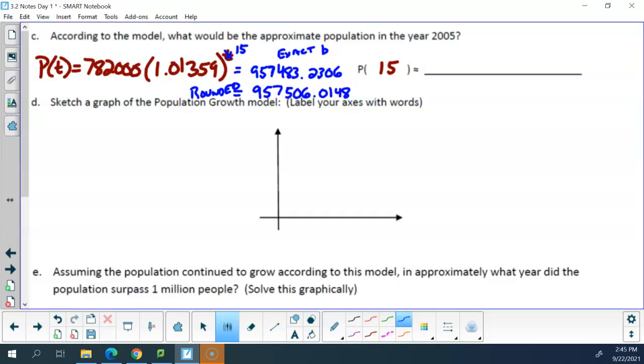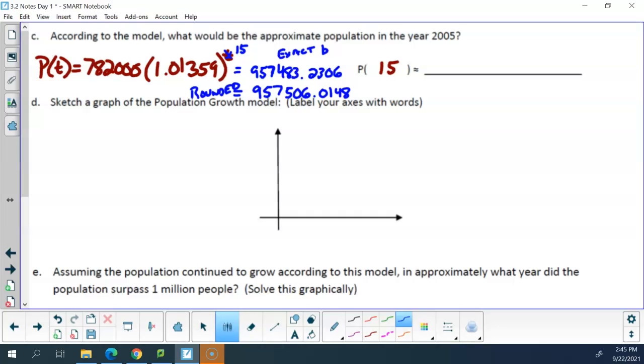If you used the 1.01359 rounded to that, then you should have gotten the bottom number. If you left it exact on your calculator, you should have gotten the top number.